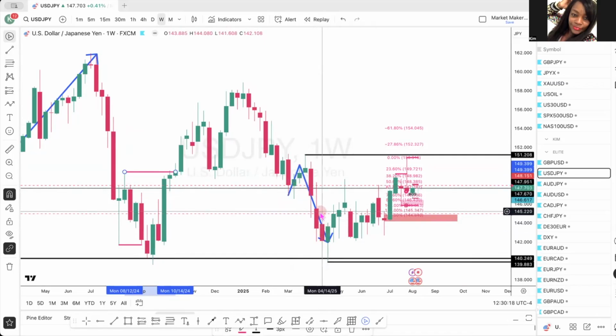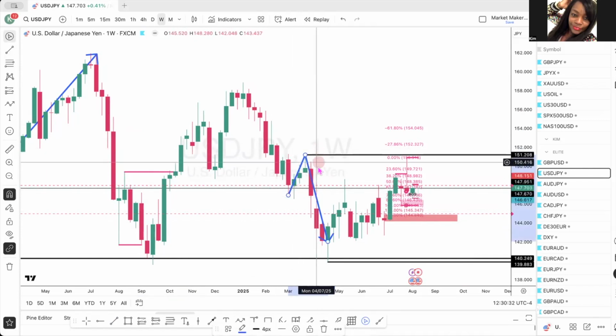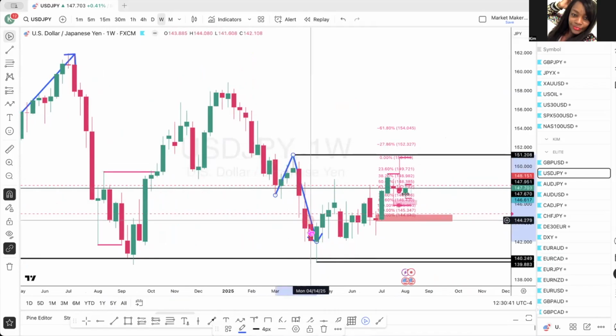So confirmation that it's going to start buying would be a break of this high, a market structure shift of this high. Because it's in a bearish structure right now, currently, overall we're in a bullish structure, but this pullback is in a bearish structure. So all of this is within this bearish structure.